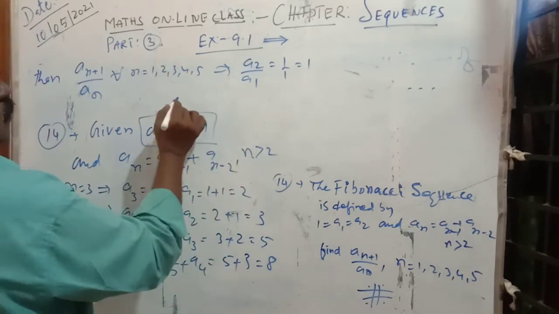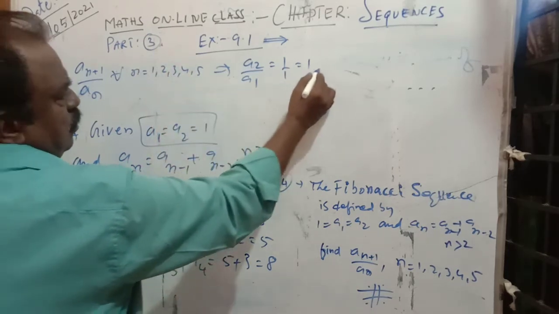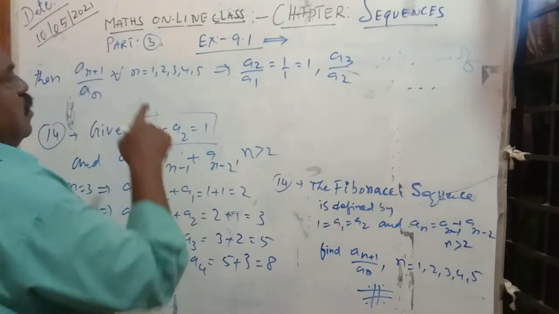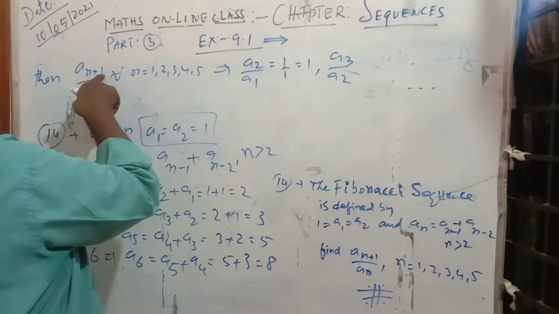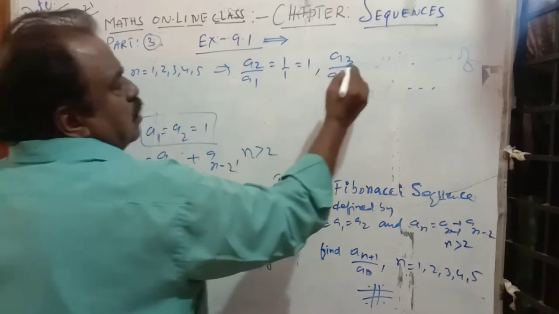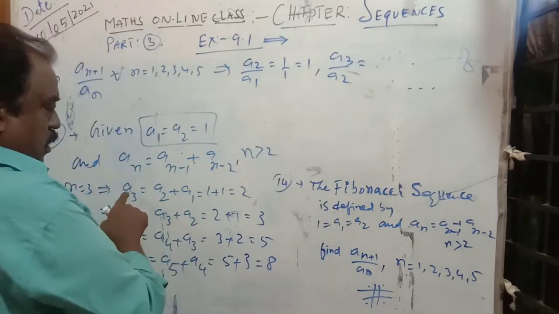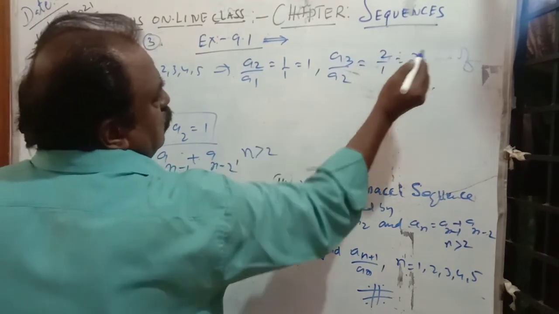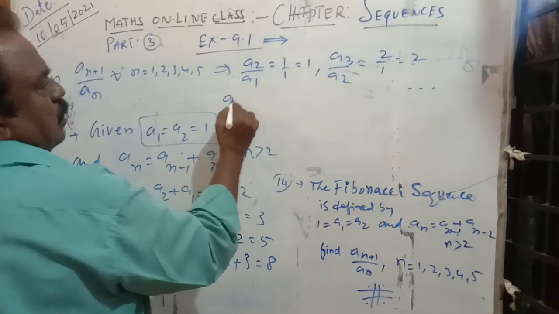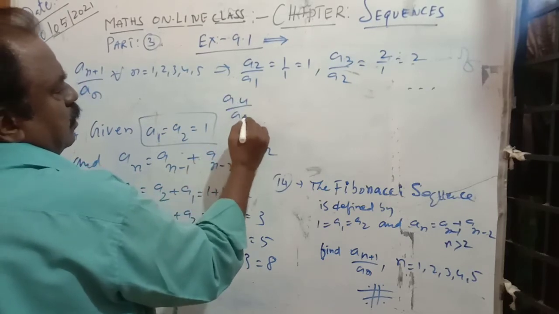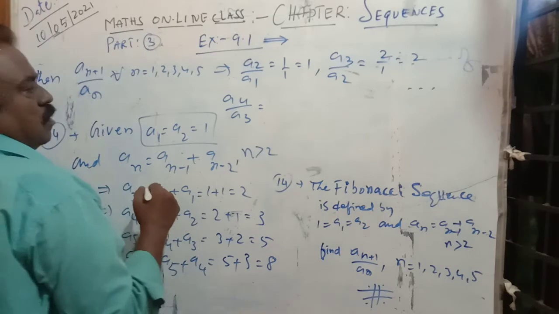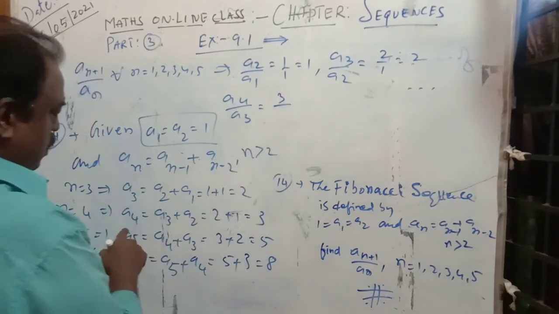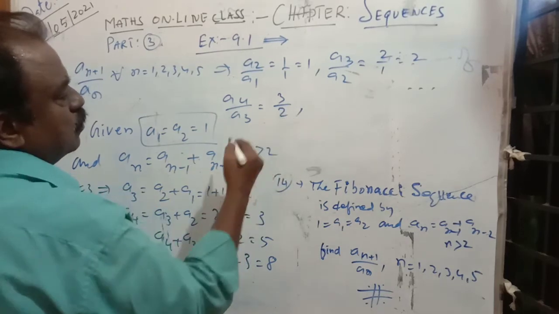Okay, the first one. Next, A3 by A2. When n is equal to 2, 2 plus 1 is 3, A3 by A2. A3 is 2, A2 is 1, so 2. Again, A4 by A3. A4 is 3 by A3 is 2.